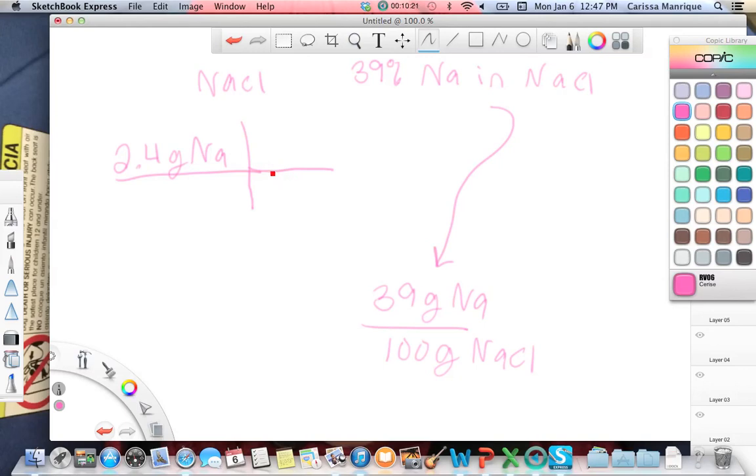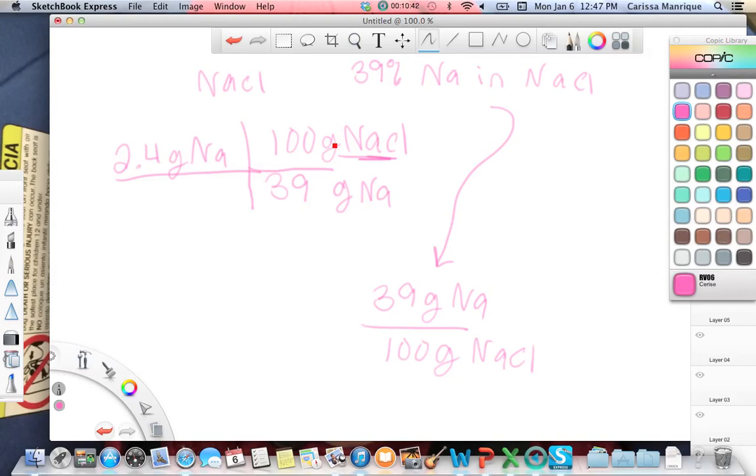What do we need to put down here? Grams of sodium, so we can cancel that out. So that's 39. And 100 grams of sodium chloride on top, because we're trying to figure out how much sodium chloride we can eat. So let's multiply that out.